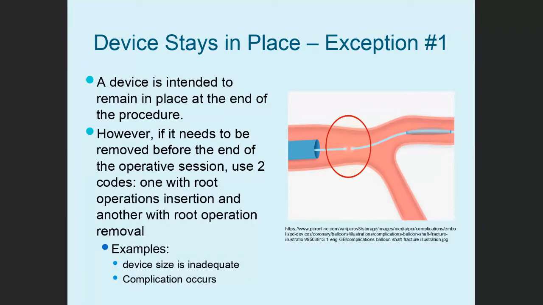If a device needs to be removed before the end of the operative session, use 2 codes. So it's intended to stay there, but something happens, like this break we see here during the same surgery. It's placed and then there's a problem with it. In this case, you're going to use 2 codes, one with root operations for the insertion and another with root operations for removal. So this is a complication.